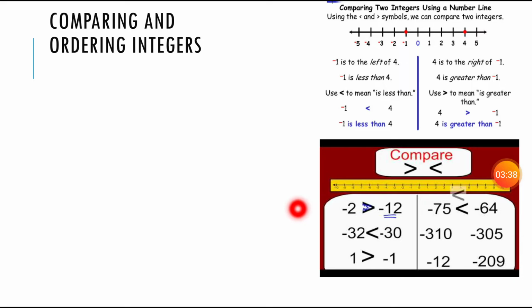That means it is better placed than -12 with respect to 0, and -12 would be farther away from 0 as compared to -2. So we can say that -2 is greater than -12. In a similar manner, we can compare the other integers also.